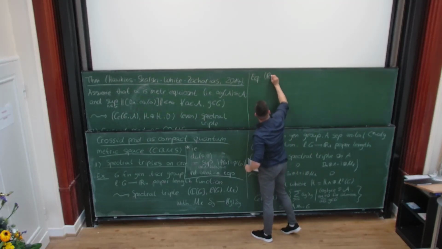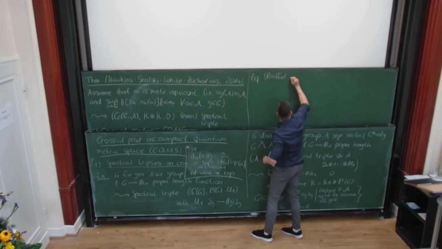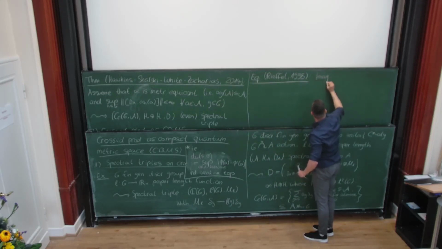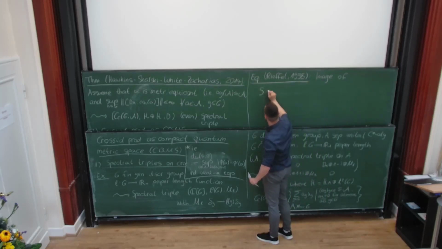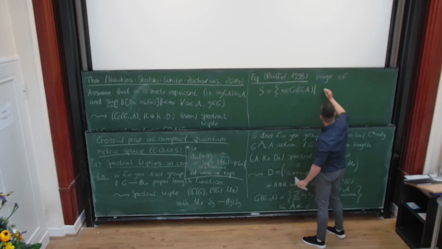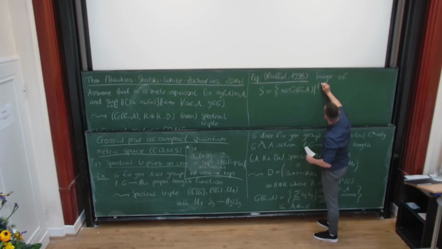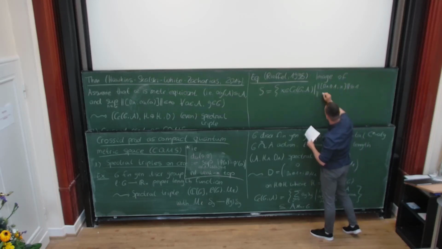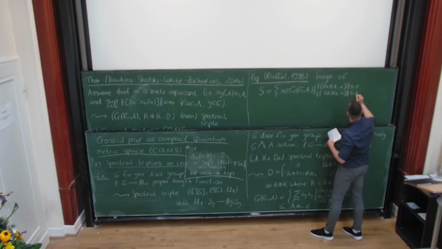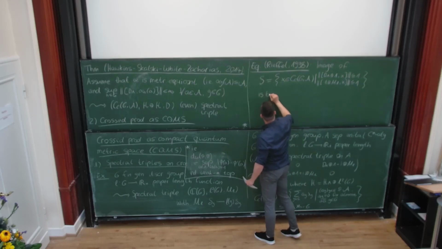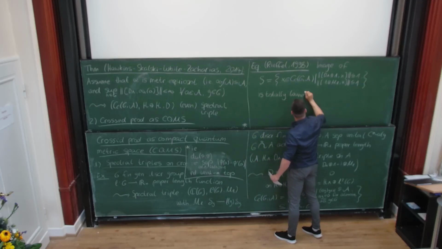This is equivalent, and this is essentially due to Rieffel in 1998, to the image of the set S, consisting of all x in the cross product star algebra for which the following two norms, the commutator of D_A tensor 1 with x and the commutator of 1 tensor M_L with x, are smaller than or equal to 1, being totally bounded in the quotient space.